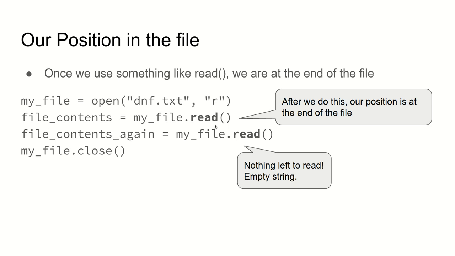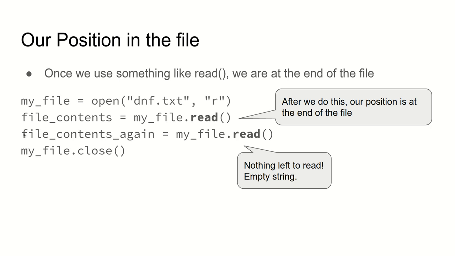It is from the current position to the end of the file. After the first read, the position is the end of the file. So the second read will get from the end of the file to the end of the file, meaning that its result will be an empty string.